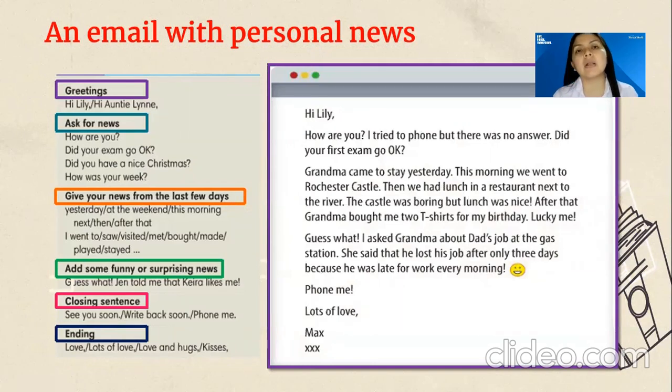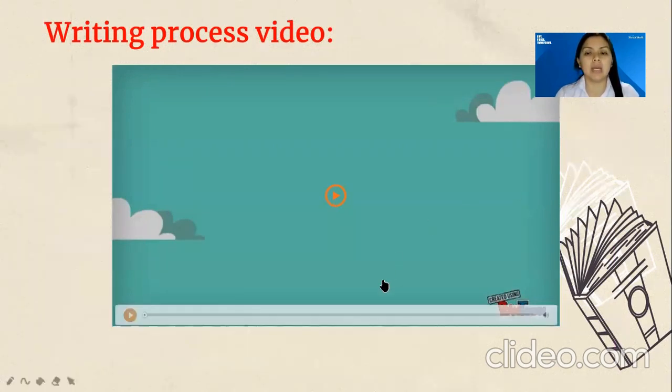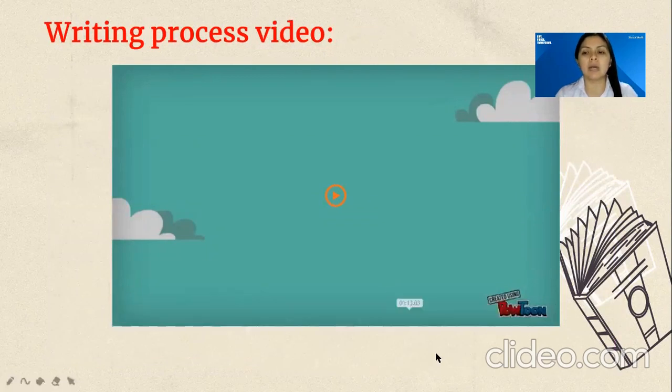Remember that in your email, you are describing some activities, some actions that you did last weekend, okay? We are going to remember, right? Because today we are going to create an email. So we have to remember that writing process through a video, okay? So let's see. We are going to remember and pay attention to the video.